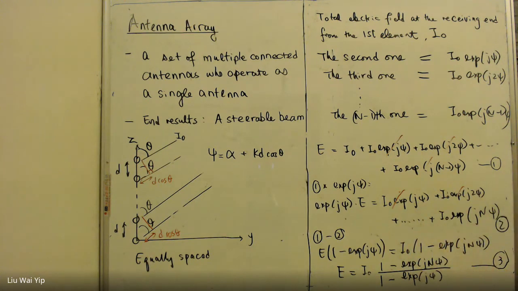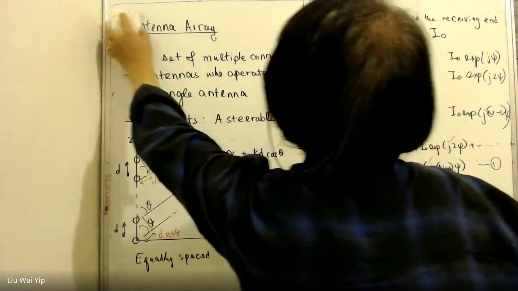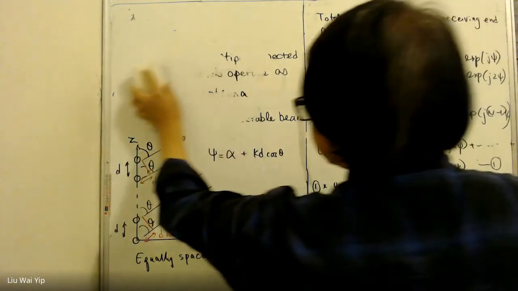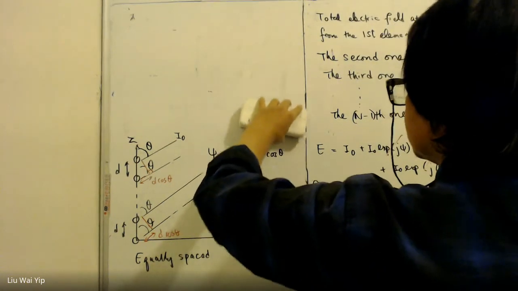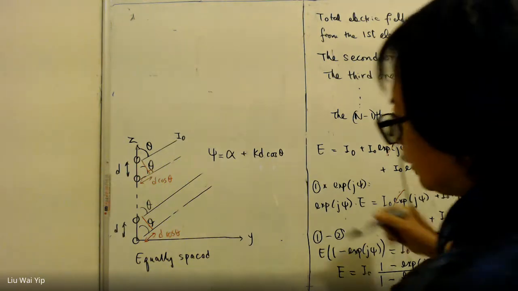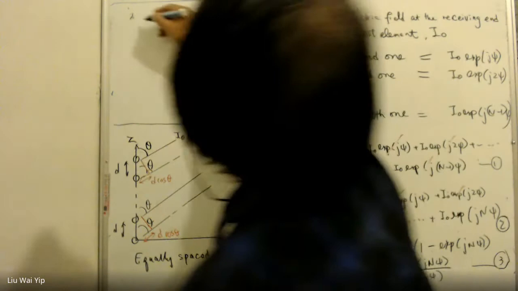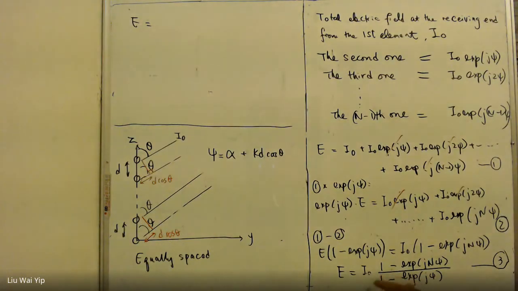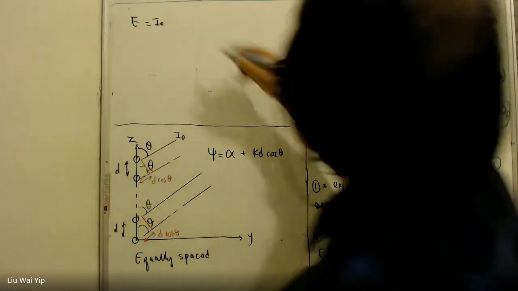It's not difficult. Just by looking here, all you need to do is some algebraic manipulation. And if you do it carefully, what you will end up with here will be E, and then we can just extract the term.